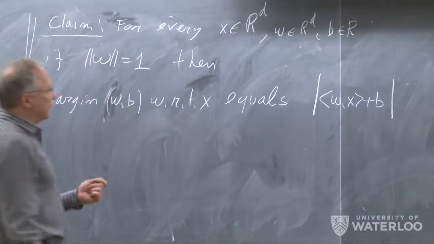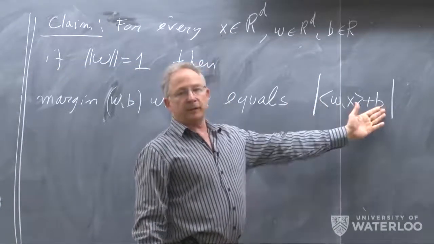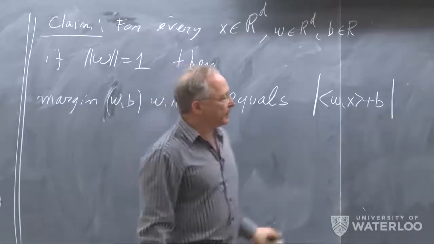So it turns out that if I substitute x here, what I get is just this margin. And that's exactly what I'm measuring when I'm doing the hinge loss.